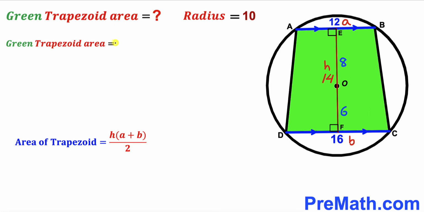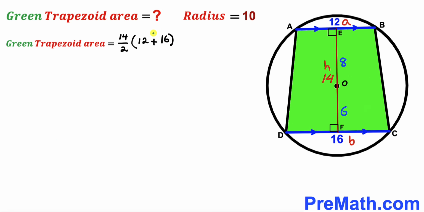So the area is 14 divided by 2 times 12 plus 16. We know 12 plus 16 is 28, and 2 goes into 14 seven times. So we end up with 7 times 28, and if we multiply this, that gives us 196 square units, the area of this green shaded trapezoid ABCD.